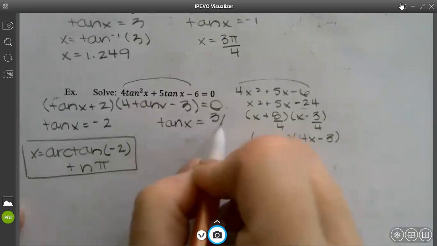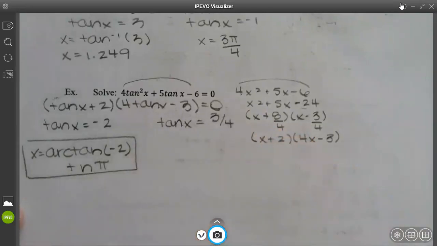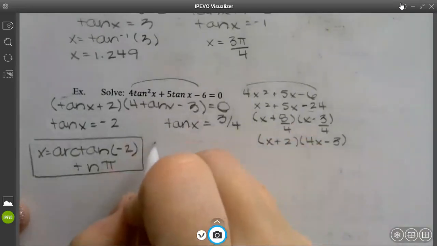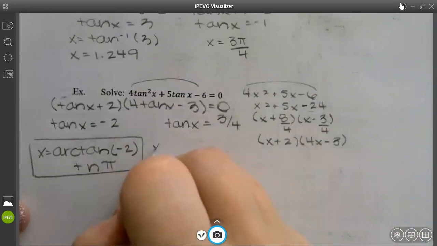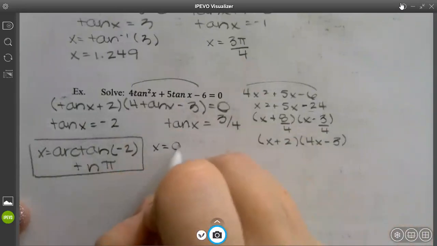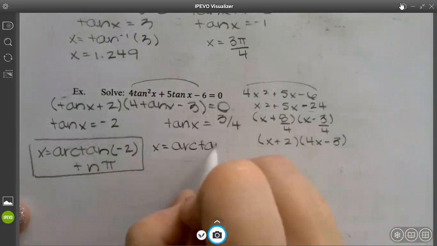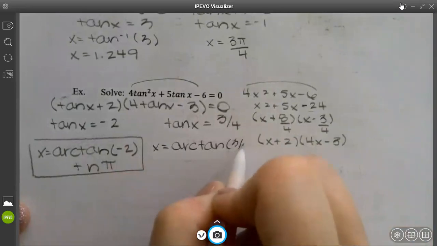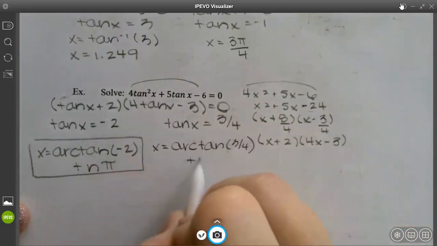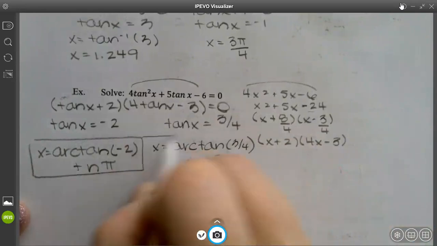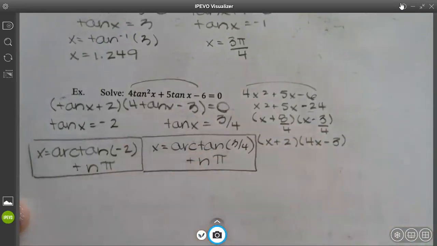Add your 3, divide by 4. Is there anywhere on the unit circle I can get 3/4? Say no. So then I can rewrite it as arc tan 3/4, but then I gotta make it general plus n pi. They are, they're just not our perfect ones. They're like a weird degree. Does that make sense? Like they're not our perfect ones.